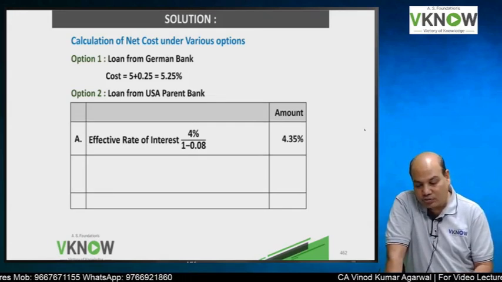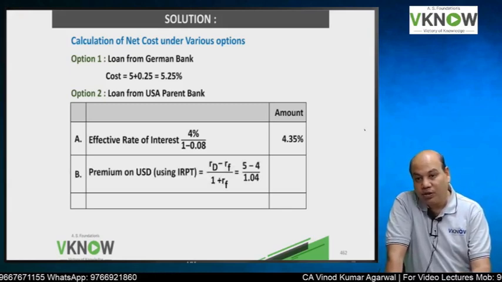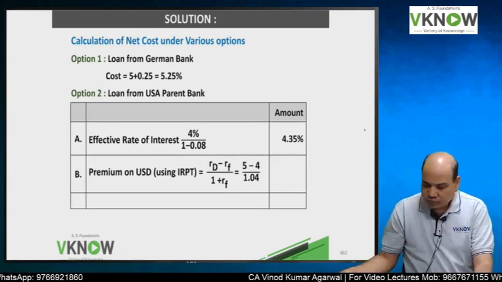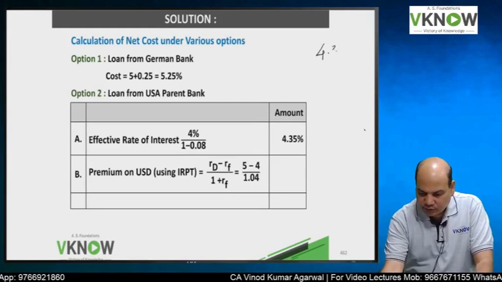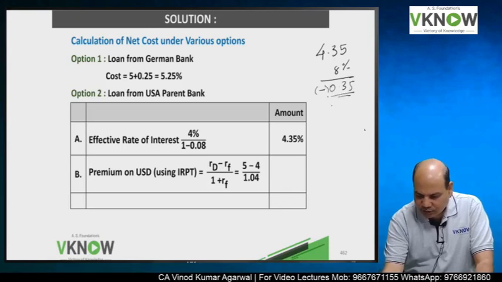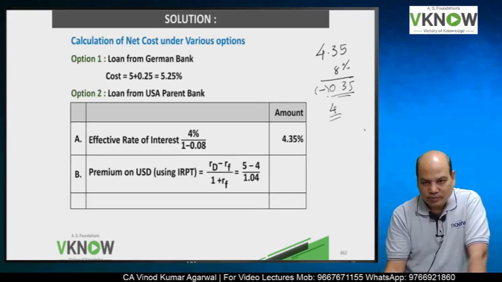4% plus we also have to pay withholding tax, and write down the premium on USD. So first, 4.35 when you go to pay, if you take 8% of that, it will come to 0.35. 0.35 will be deducted and 4 will be remitted to the other company.